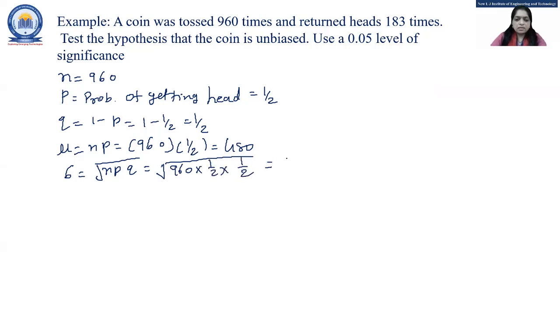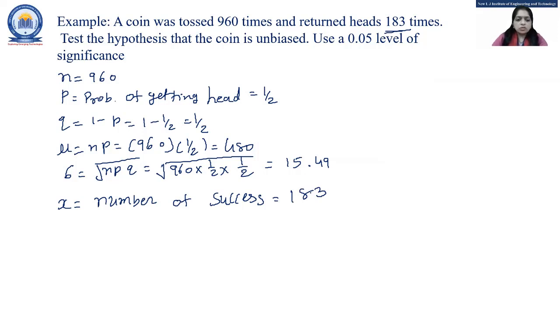So our final answer is 15.49. And X is the number of successes. Here X is equal to 183. Now, this is our given data.